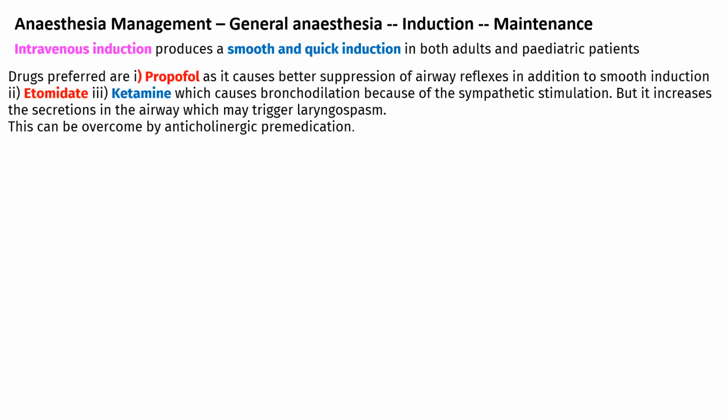Etomidate, of course, produces some depression of cortisol secretion, and ketamine causes bronchodilation, but the disadvantage is that it increases salivation and other secretions. So, adequate premedication with glycopyrrolate or atropine can prevent that and prevent the laryngospasm that is produced by the secretions.